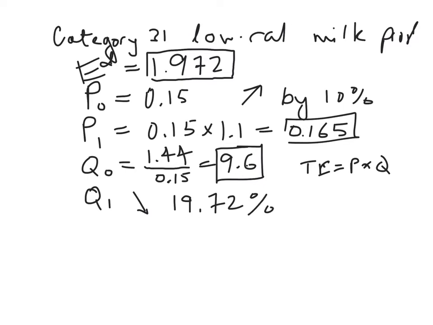And the way we figure out what the new quantity is, take 1 minus 0.1972 times the old quantity. So the old quantity is 9.6, and we're going to multiply that by 0.8207. Oh, what did I do to get?